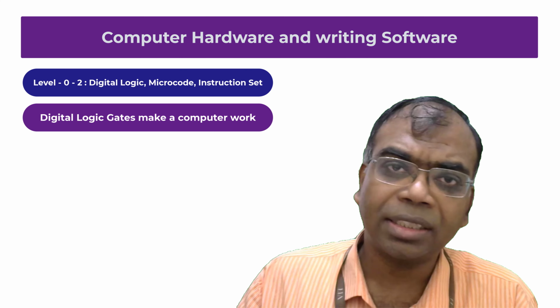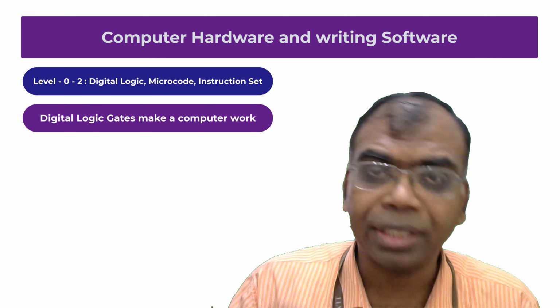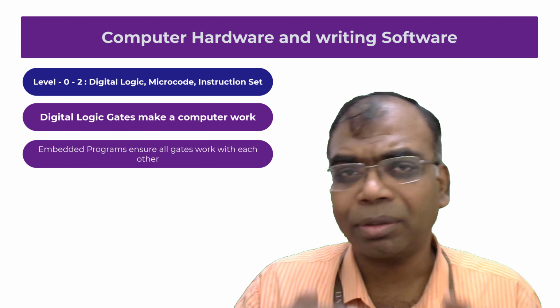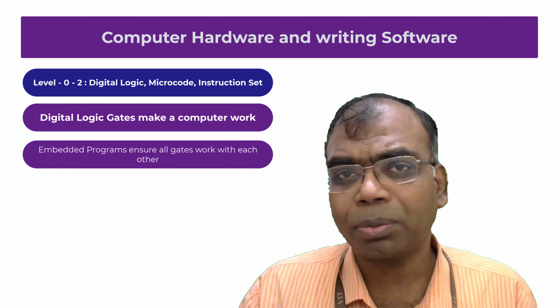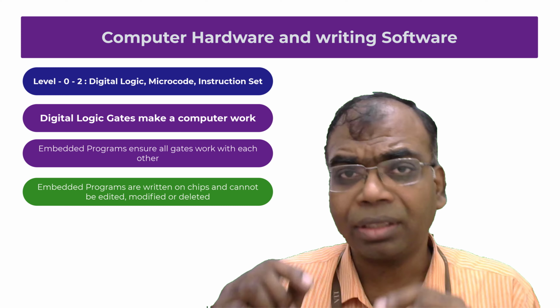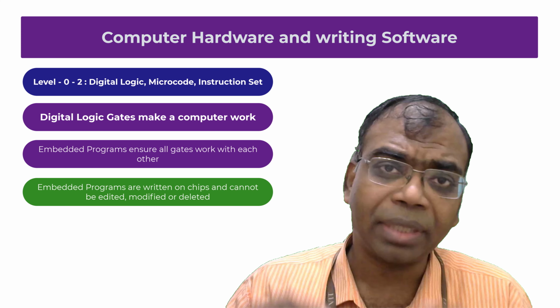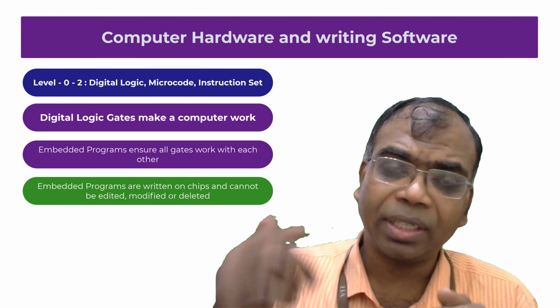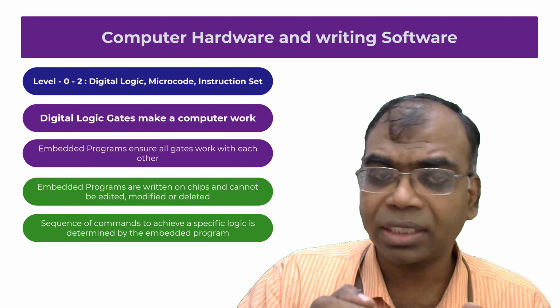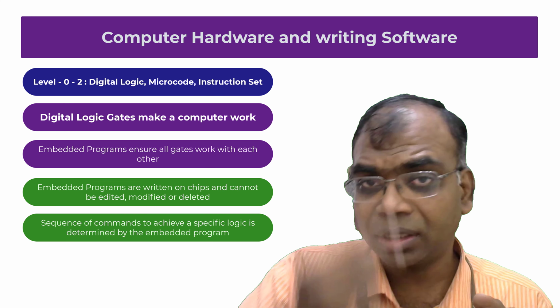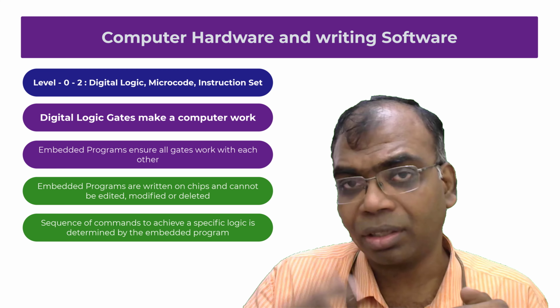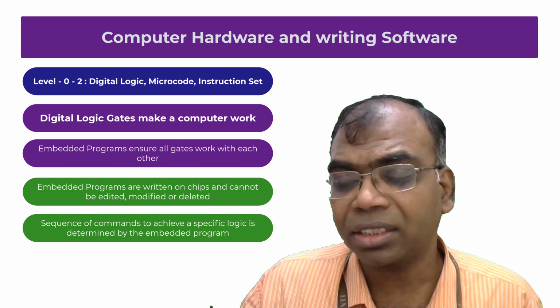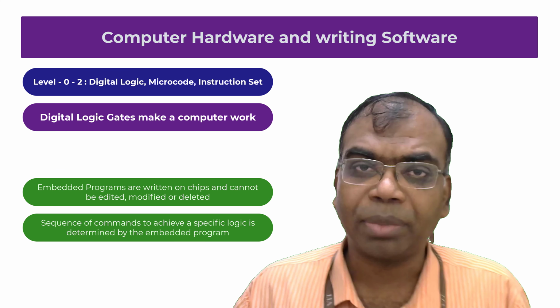This is tied together by some embedded programs. These programs cannot be changed, and this forms the basic instruction set. So when one of the instructions is being used, the sequence of commands which have to be fired so that the right transistors work are set in place.